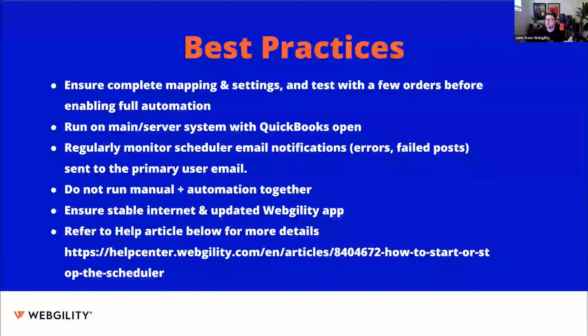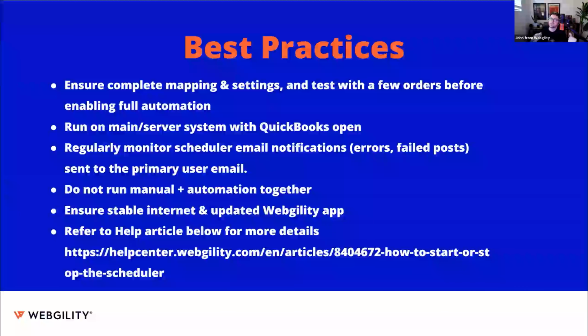This one is true for not even just the automation, but make sure your internet's stable and that your Webgility app is updated if you're looking for the best performance. Some users might be using an outdated version of Webgility Desktop, and it works perfectly fine for them, and you are perfectly fine to use that. But if you want to take advantage of new features and any bug fixes or anything that we've updated in the Webgility app, make sure that you're on the latest version.